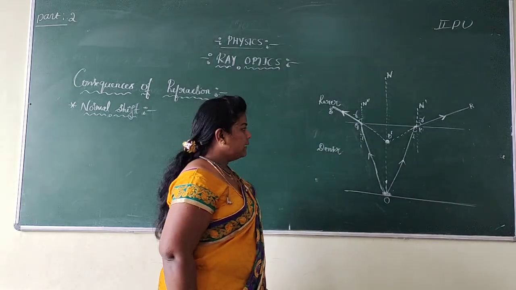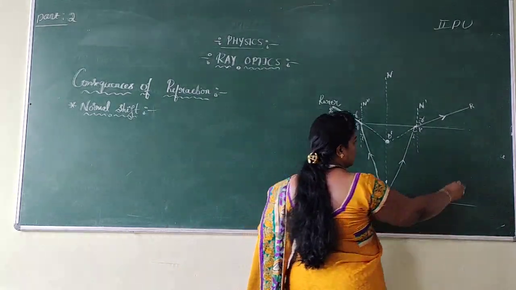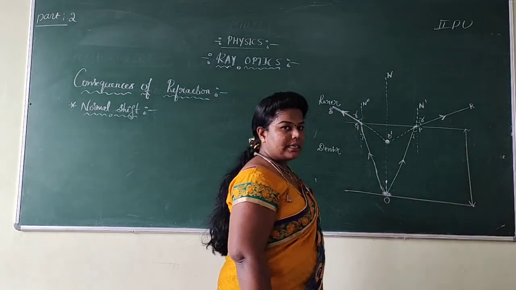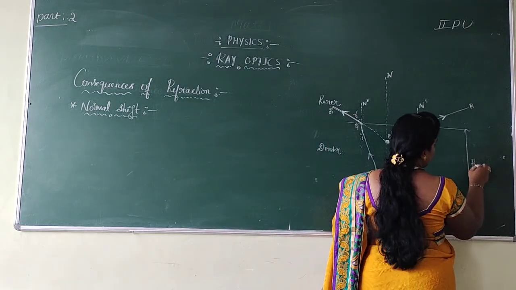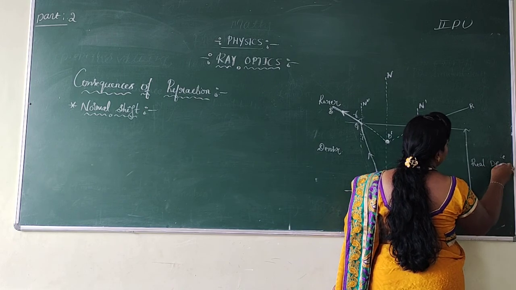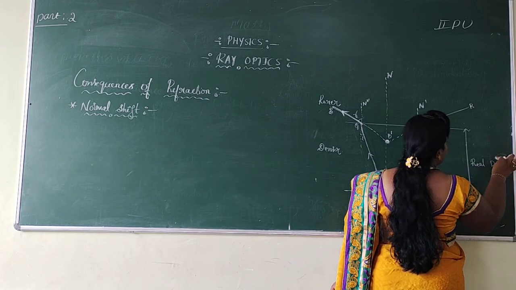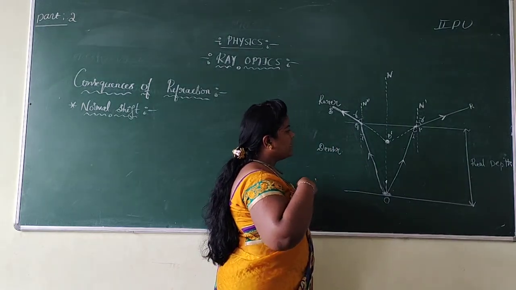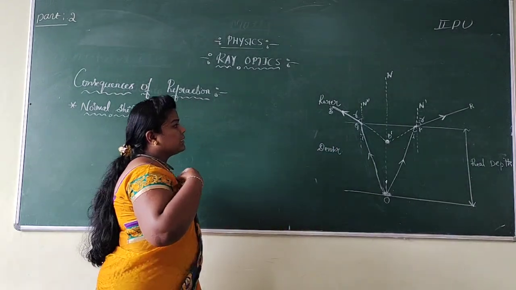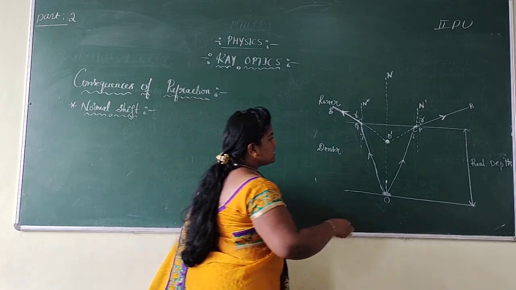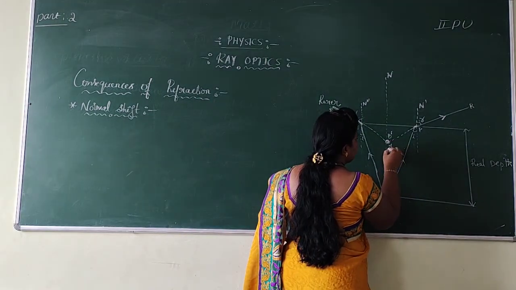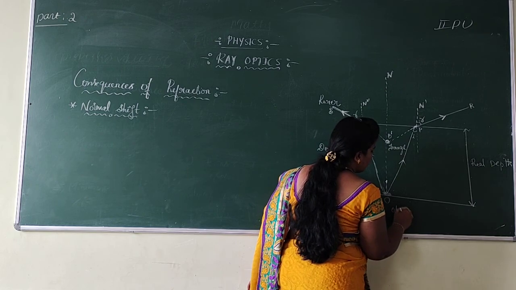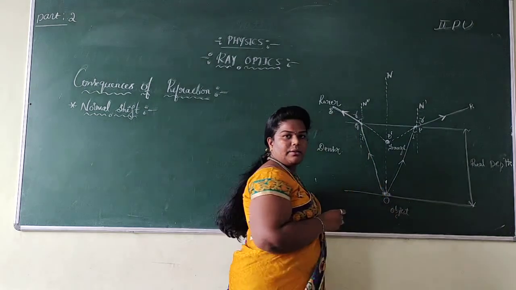Let's go. Then see my dear students, this is the original depth of the sea. So I am writing this as real depth. This is said to be the real depth, right? And you can observe here, this is the position of the image, and this is the position of the object, right.